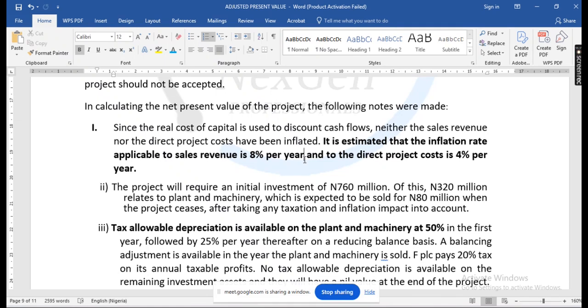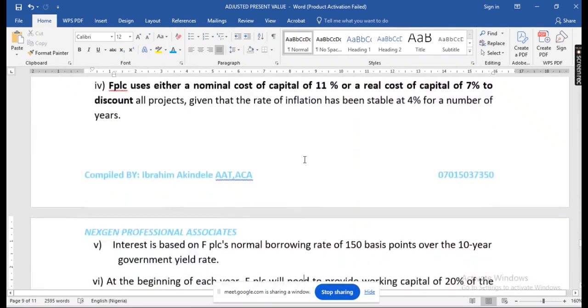Sometimes they will tell you that 8% in the first and second month, 10% in the third and fourth month, 5% in the next 6 and 7 months. Inflate it like that based on the inflation rate given to you. Okay, sorry, please.